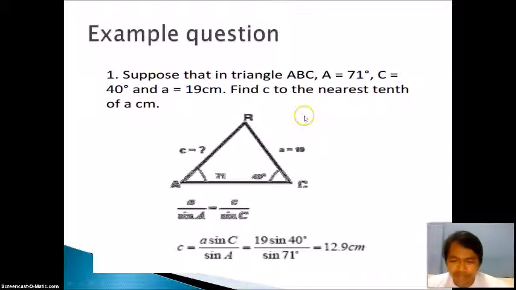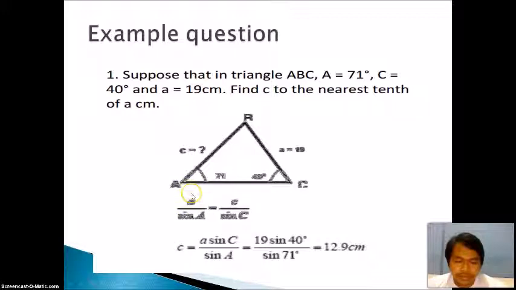Well, this particular question is quite simple, in which you just need to use the sine law. Just put in everything that you know from this triangle into this sine law over here.